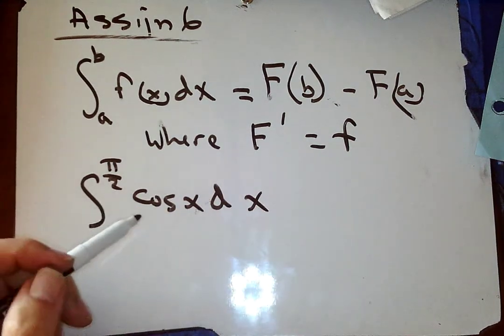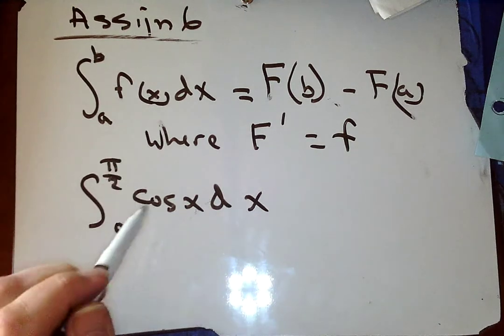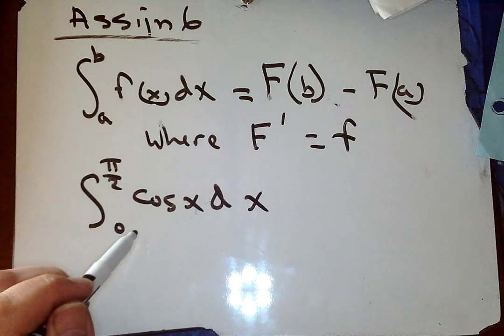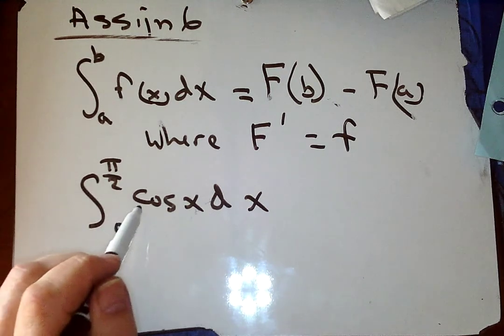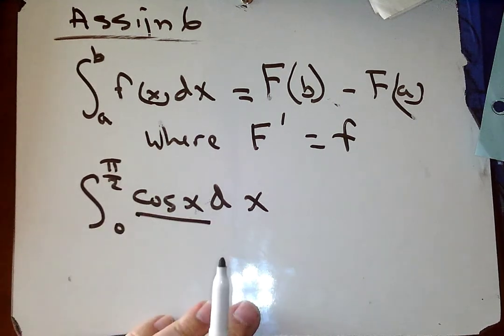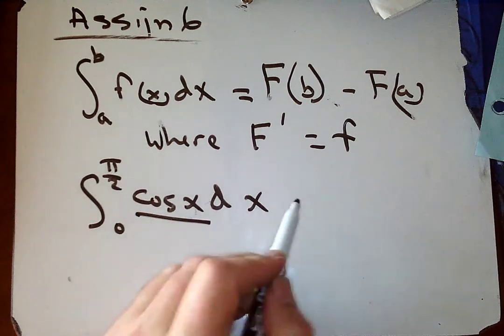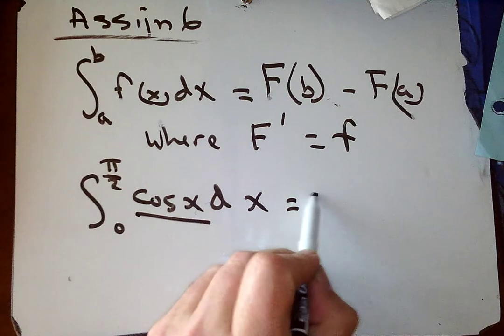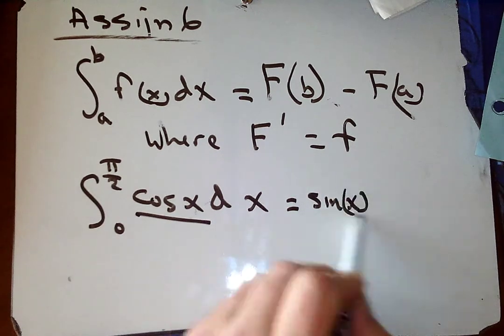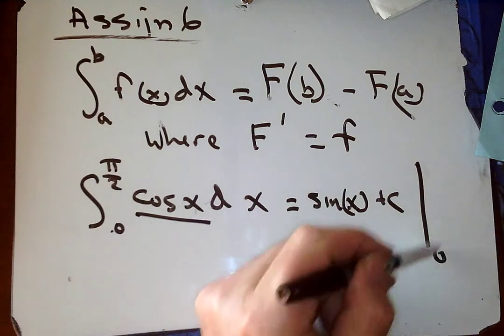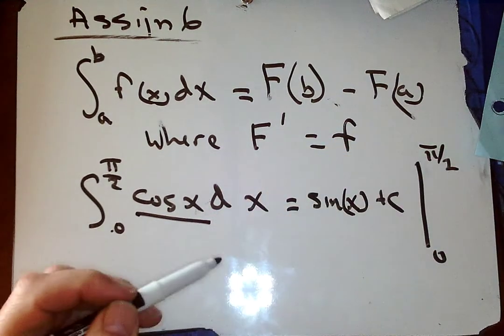So what do we do? Remember, integration is anti-differentiation. I'm going backwards. So I'm looking at someone's derivative. Whose derivative is this? Okay, so I say that this is sine's derivative, and I want to evaluate that from 0 to pi over 2.